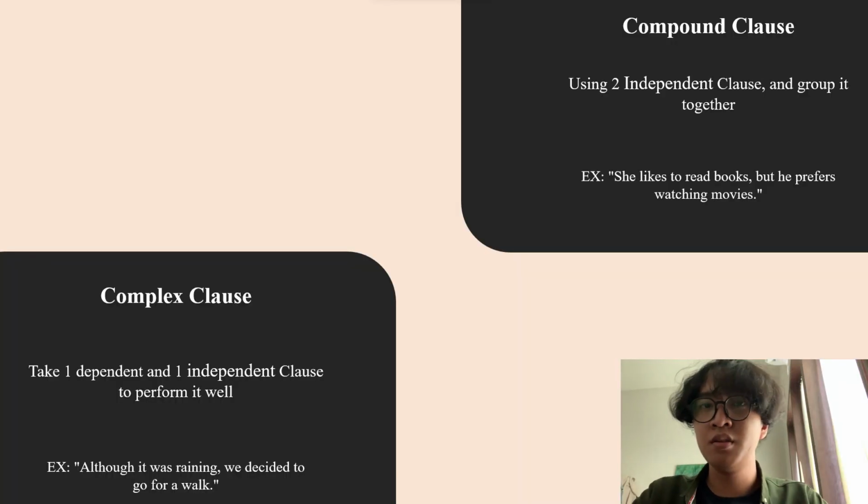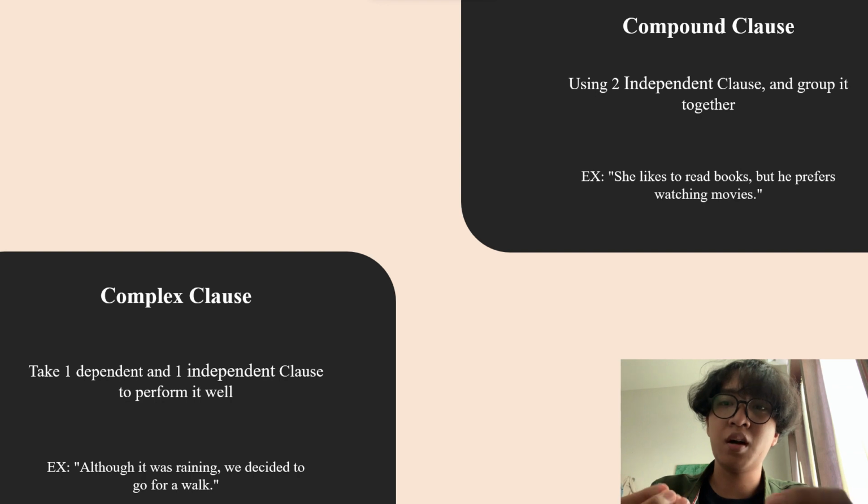Jumping more into it, there's also a thing called complex and compound clauses. For a complex clause, you need one dependent and one independent clause to make it perform.